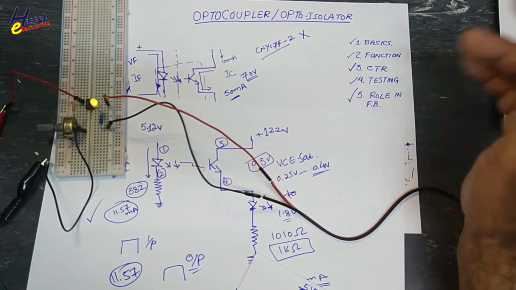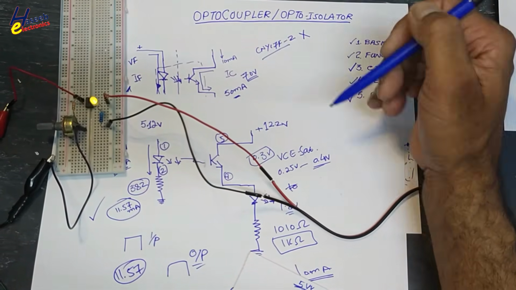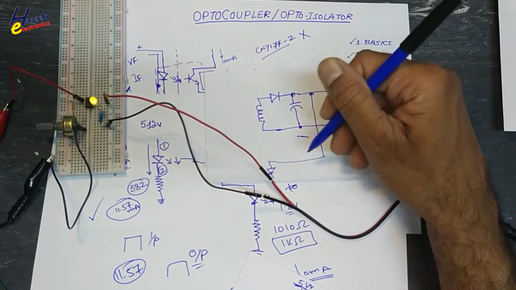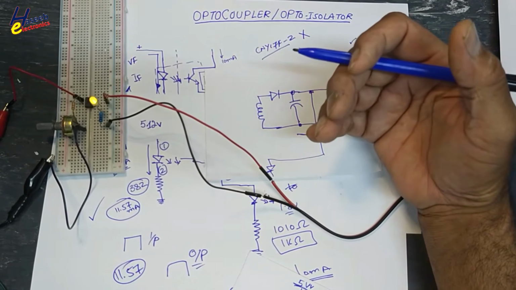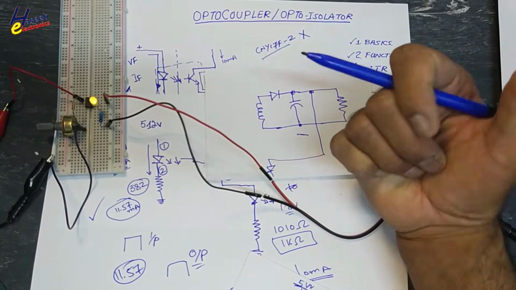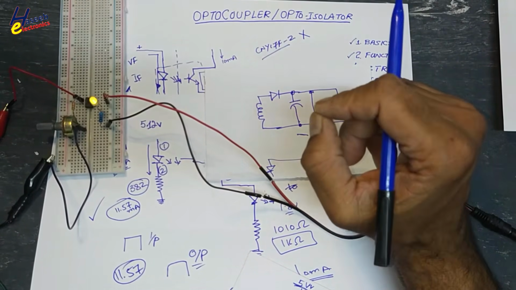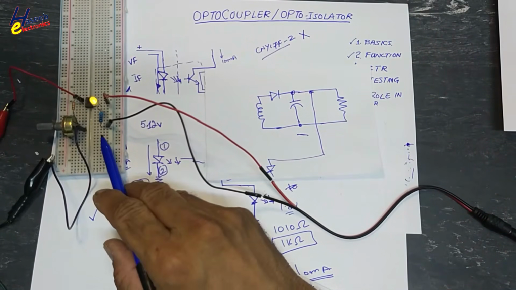And its role in power supply, that it will sense the voltage at output terminal, its light will change, that is being transmitted from its LED, that will affect on the optocoupler transistor. So transistor conduction will change the voltage level in the output circuit.